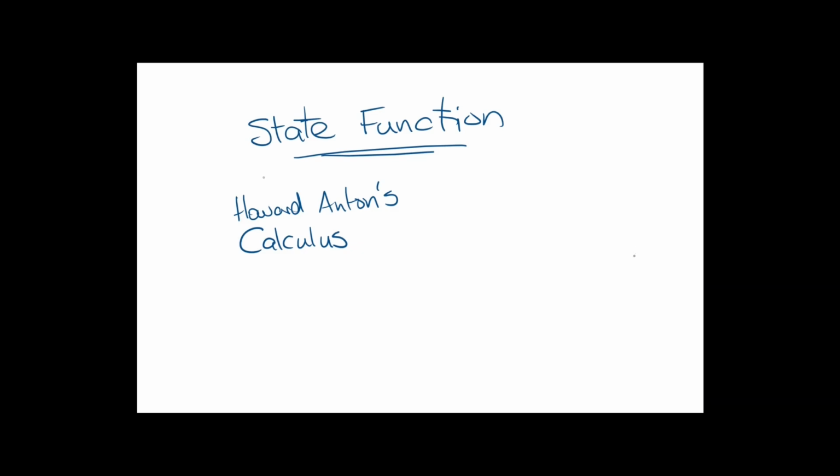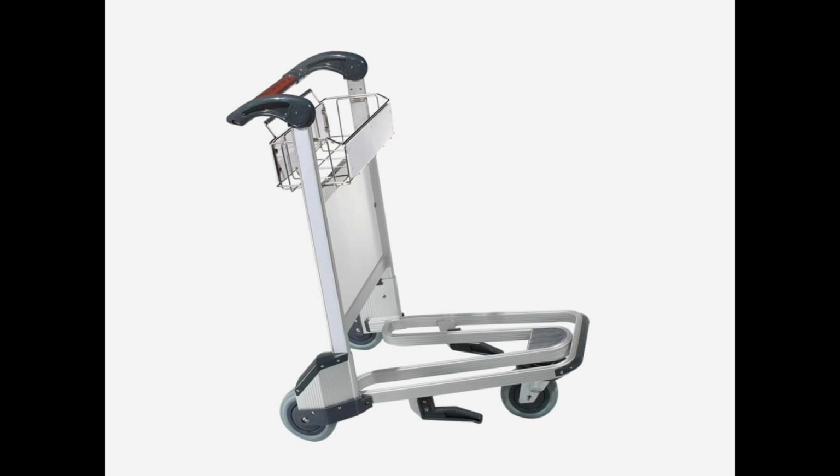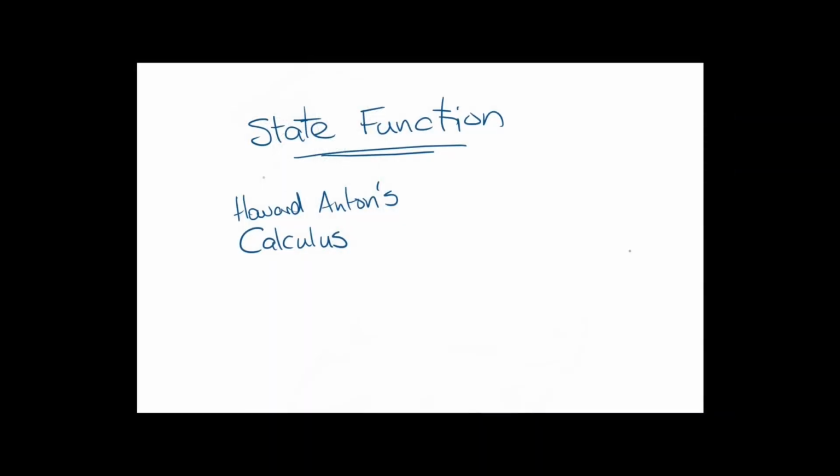So let's say I take my edition of Howard Anton's Calculus, and I get in my car and I drive to the airport, and I get on a plane to Auckland. And then, of course, being Auckland, we have to change terminals, so I put it in the shopping trolley thing and I wheel it around their little magical mystery tour that they have in the Auckland airport, and I take a plane to Los Angeles.